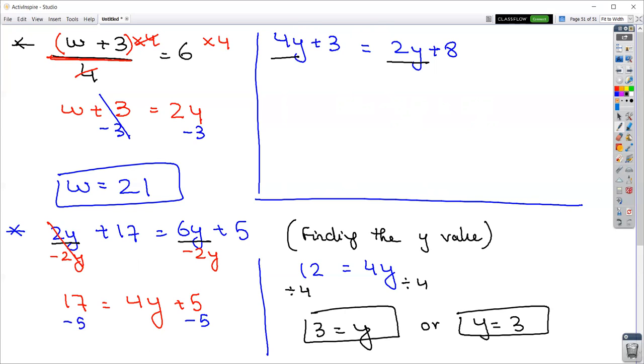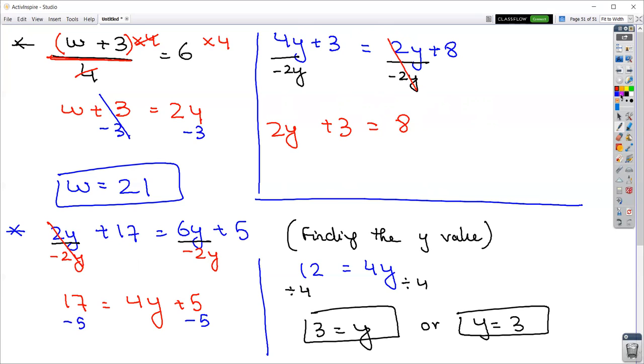We try to just bring the y terms on one side. So we try to eliminate the one which is having a smaller number. So we do minus 2y on both the sides. Now the left hand side would be 4y minus 2y, which is 2y, plus 3 equals 2y minus 2y will go and you'll be having just 8.